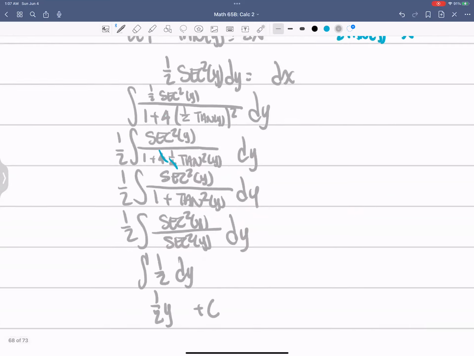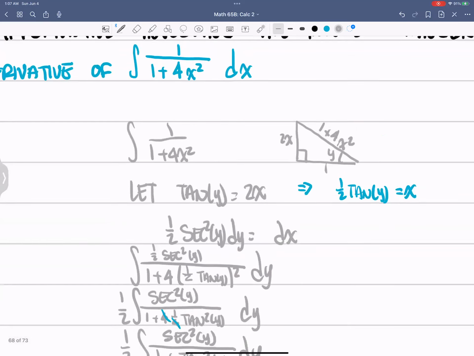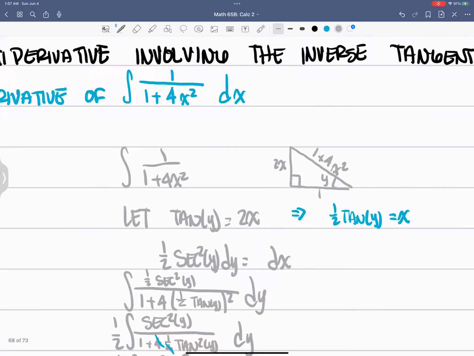But we're not in terms of y, we should be in terms of x's. So the other equivalents that we have here, I'll bring it up here. We have y is equal to tangent inverse of 2x.